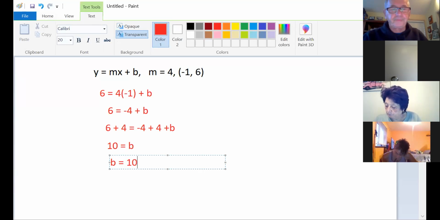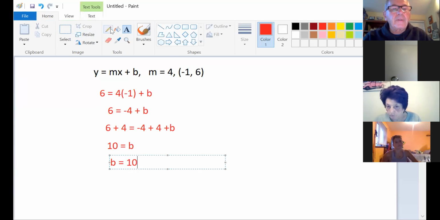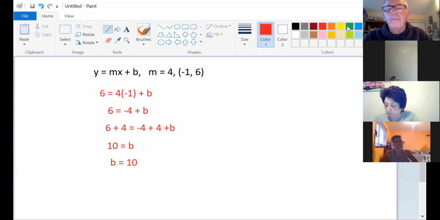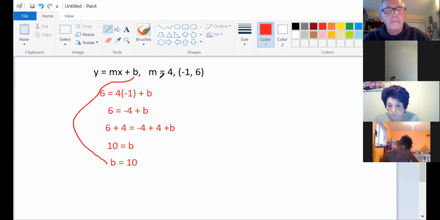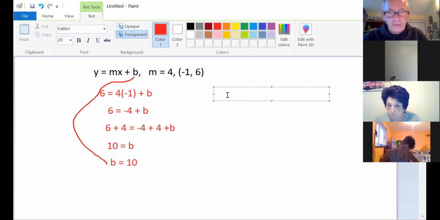It's the same thing. So now I can take this 10, and I'm going to go ahead and put it up into that original equation here. So now I'm going to rewrite that equation. So now I'm going to say y is equal to slope of 4x plus 10.